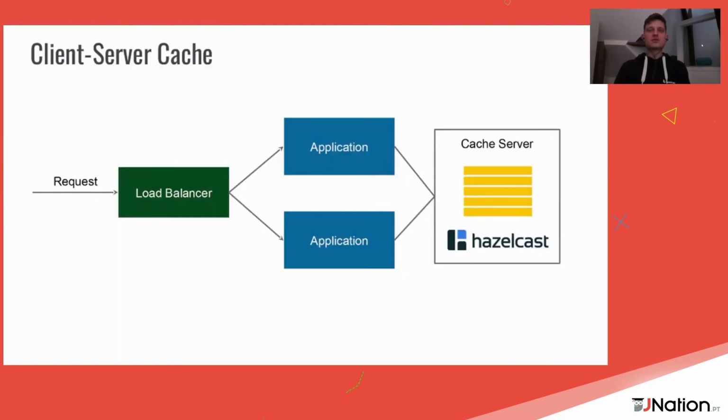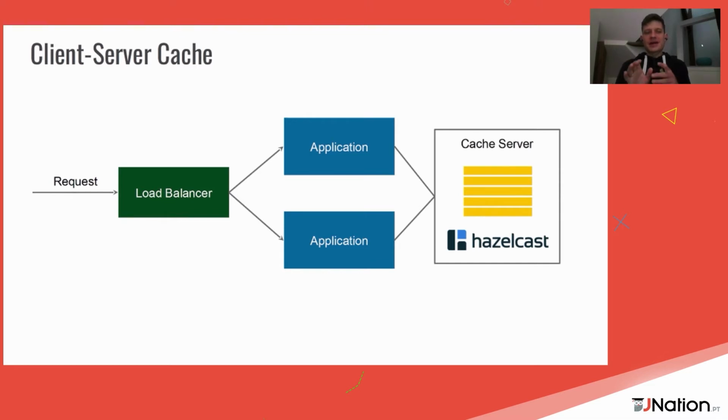The diagram looks as follows. Request goes to the load balancer. Load balancer forwards the request to one of the application services. And now the application uses a cache client to connect to the cache server. And the cache server is deployed somewhere on your infrastructure, and the application just uses a client to connect to it.